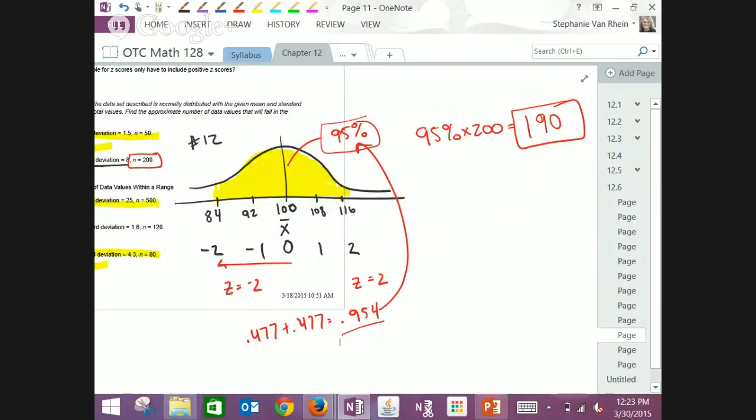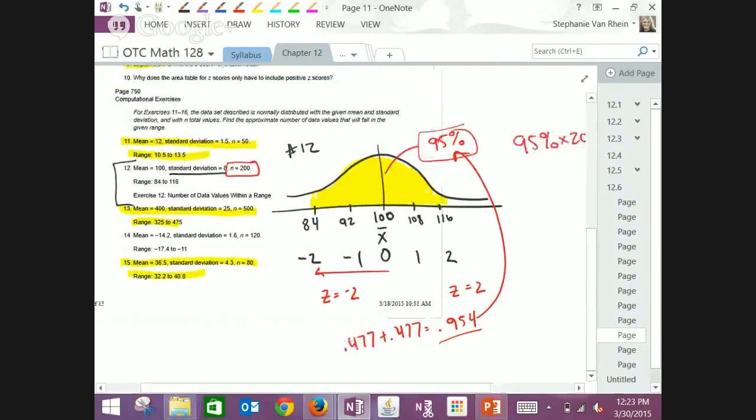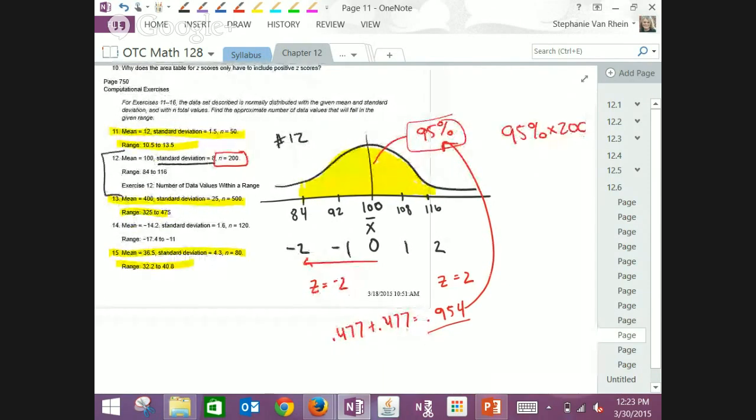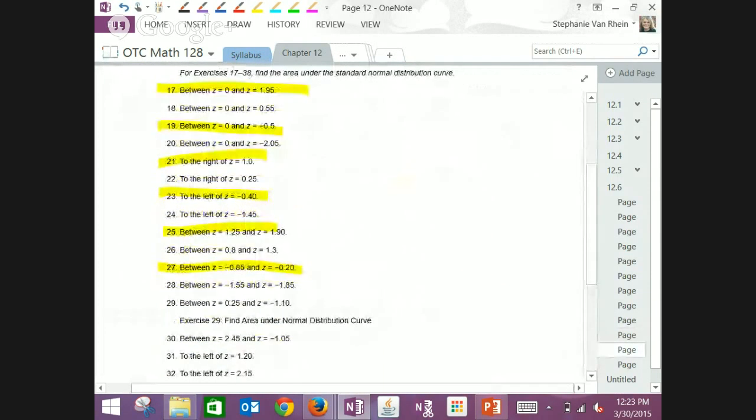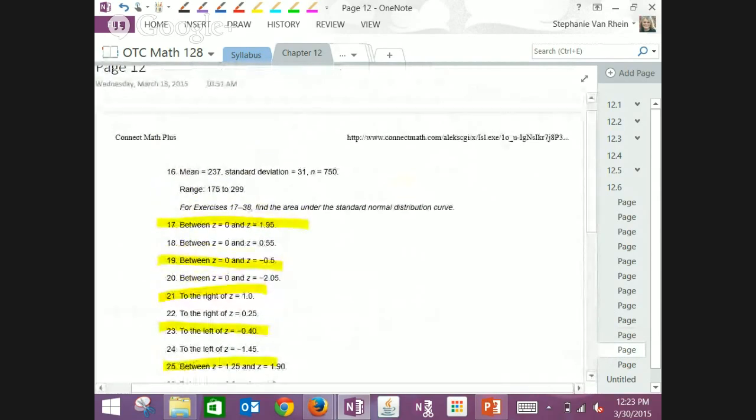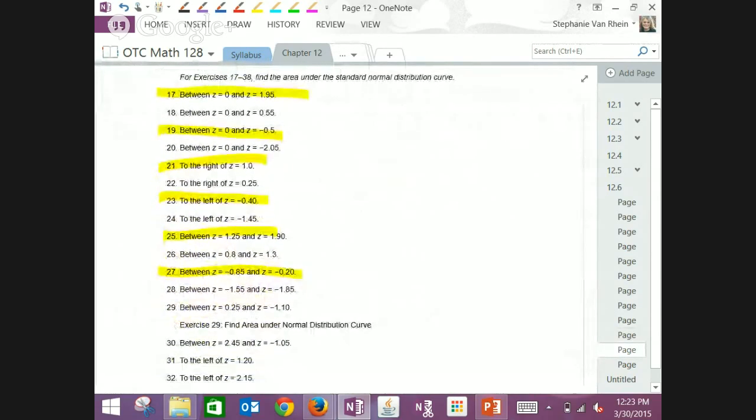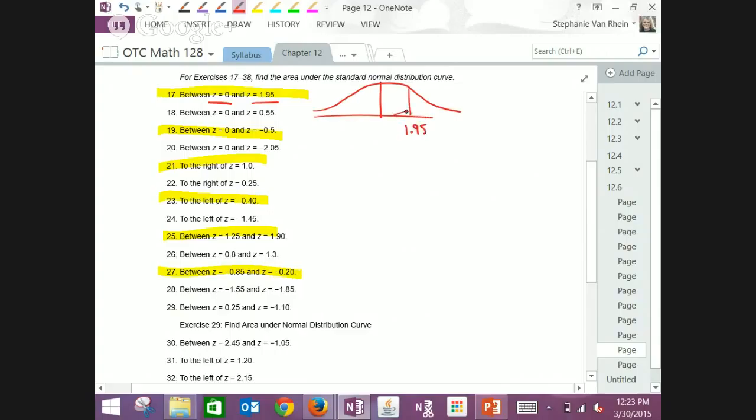So let's look at the next set of them. Here, it just asks for the area given the z value. They give you the z value and ask you to find the corresponding area. So between 0 and 1.95, if I was to graph that and visualize it, I'm looking for this shaded region.